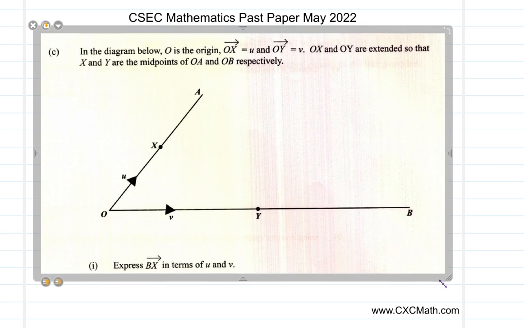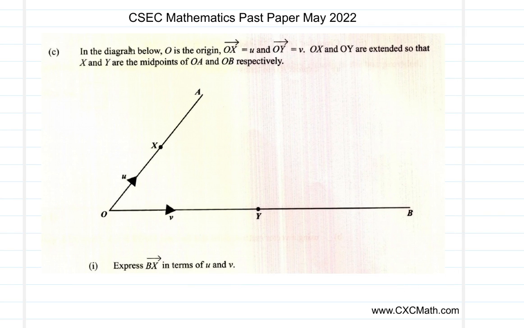So here now, O is the origin. So we have the origin right here, O. It's at (0, 0). OX is equal to U. Call it U, and you have the arrow here. OY is V. Alright.